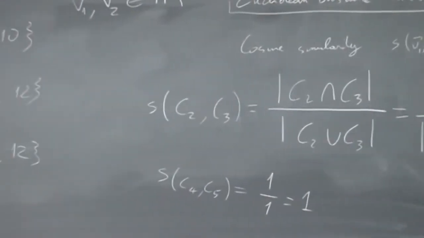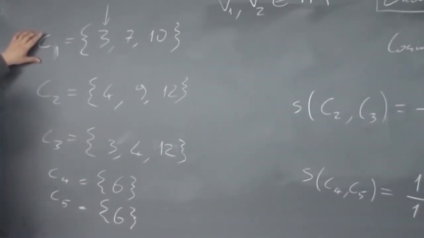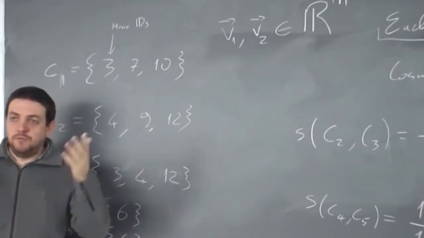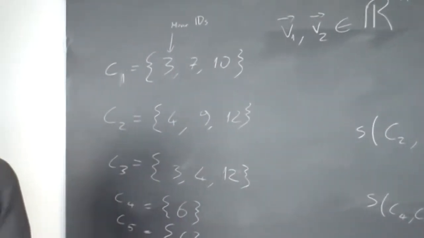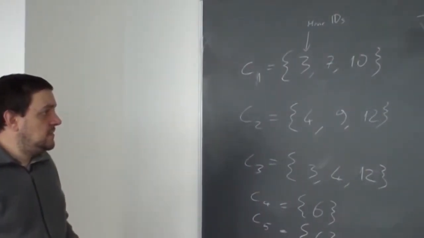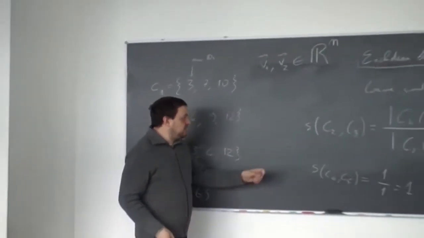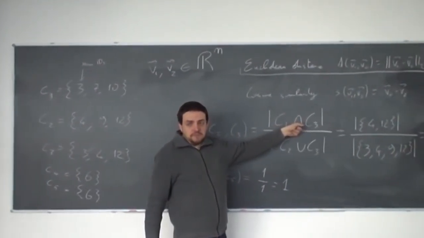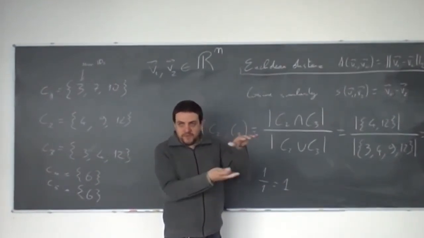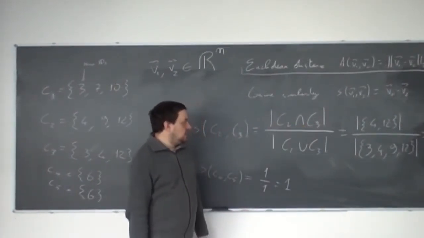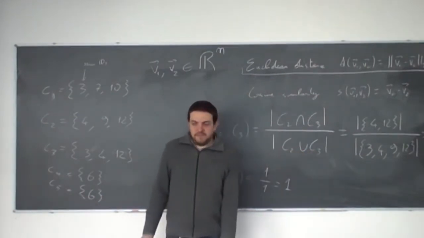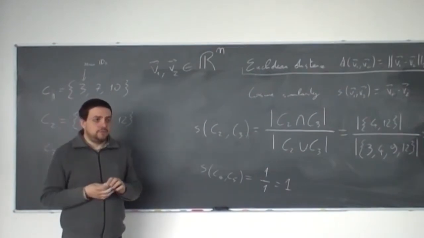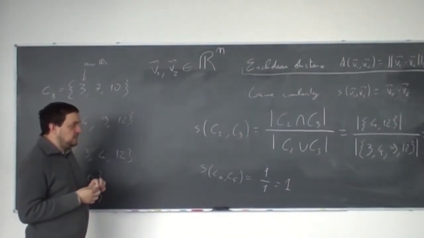So if we represent our objects as sets, for example, we represent customers as sets of purchased items, then we can define a form of similarity by counting how many items have been bought by both, so the intersection, and normalize by the number of items that have been bought by either of the two customers.